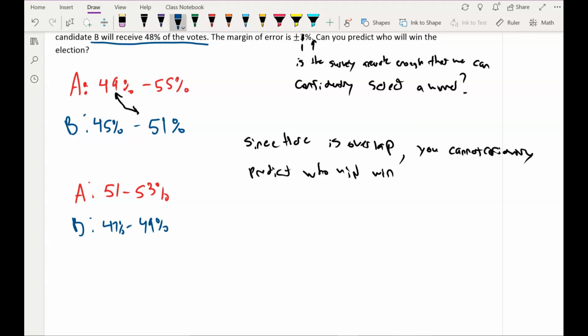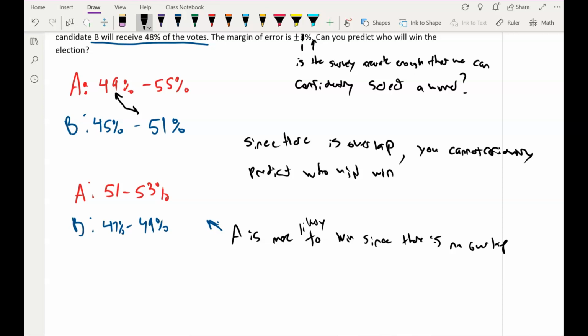In this case, we could say, well, A is more likely to win since there is no overlap. There was overlap above here because A could be 51% and B could also be 51%.